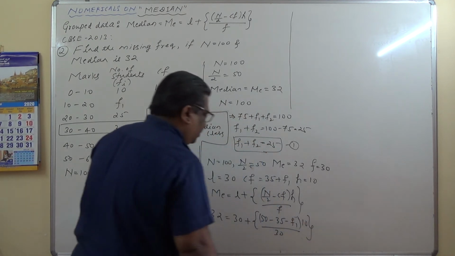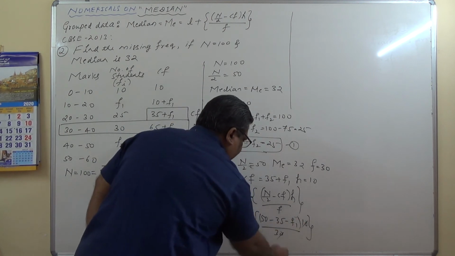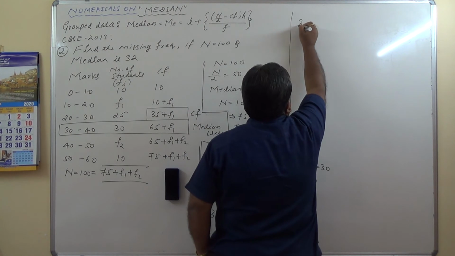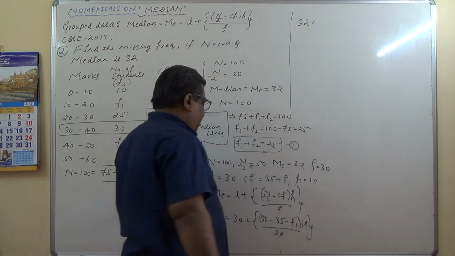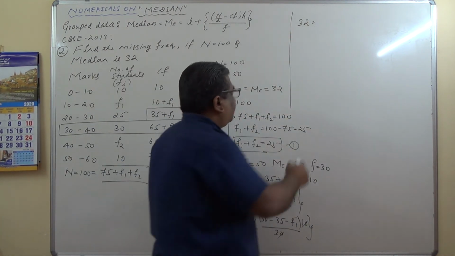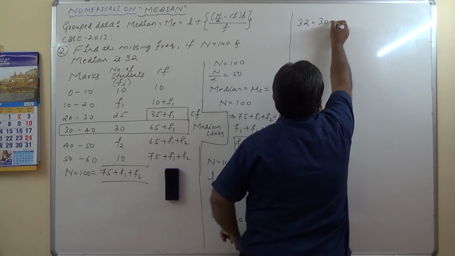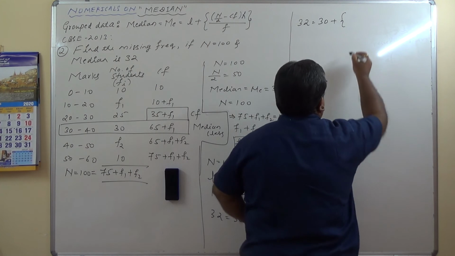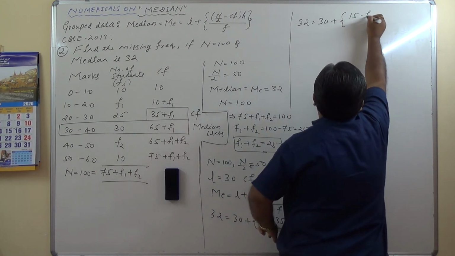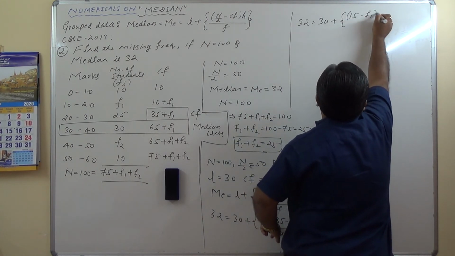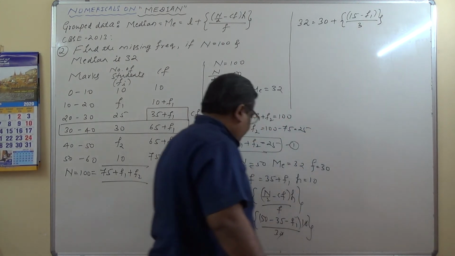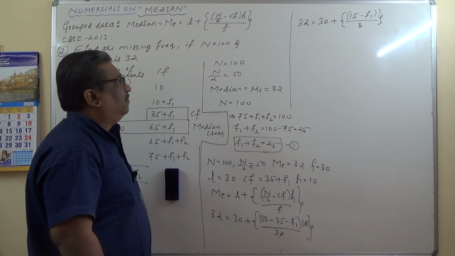Yes, this is correct. So definitely this 0 cancels here. So 32 equals 30 plus, 50 minus 35, 15 minus F1, the whole divided by 3. Is it correct? Yes, it is correct.